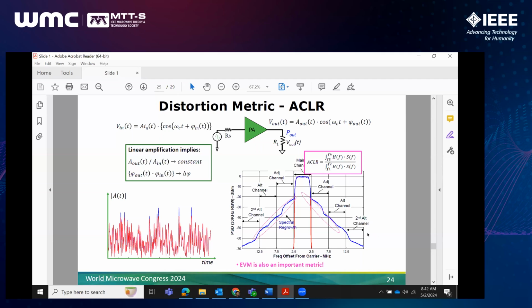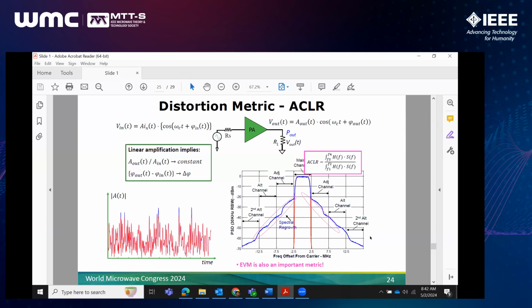So we can begin to visualize how the AM to AM and AM to PM will cause distortions. Amplitude will affect the output envelope term, and amplitude will affect the phase term.